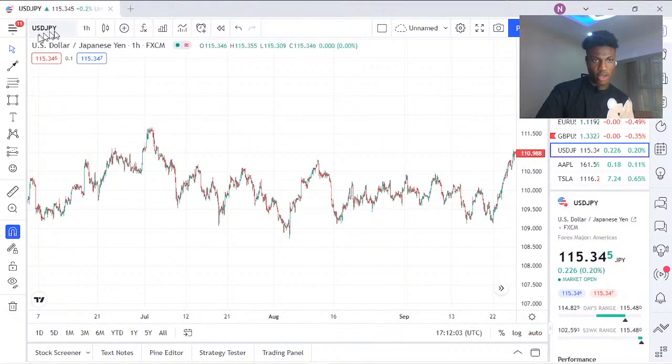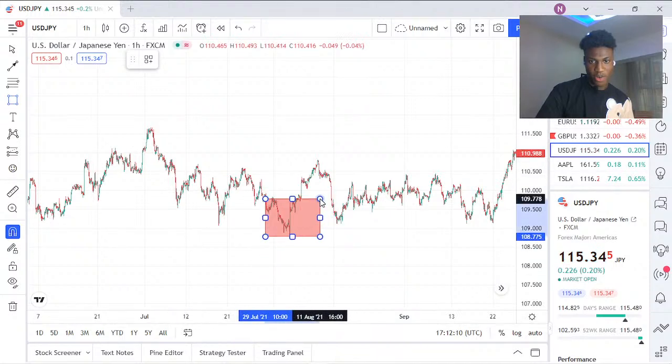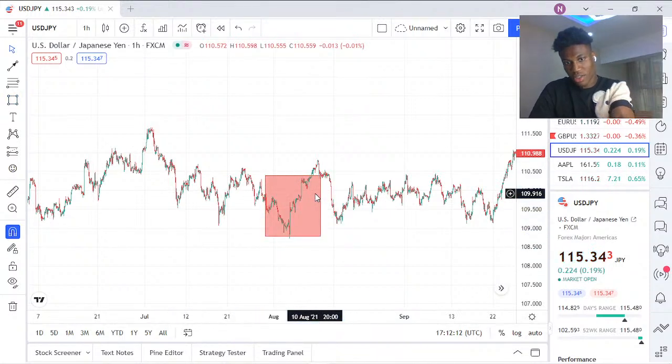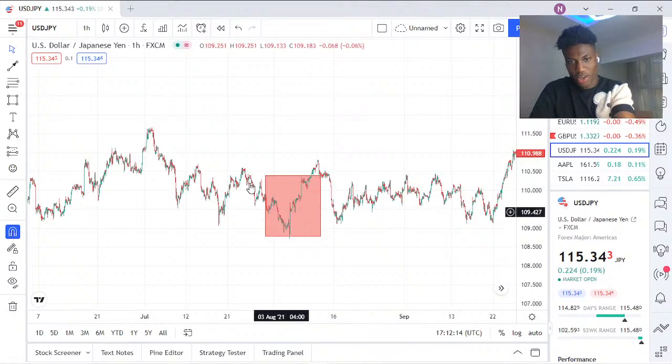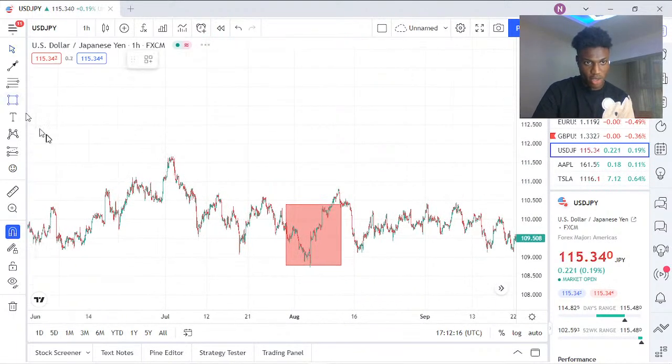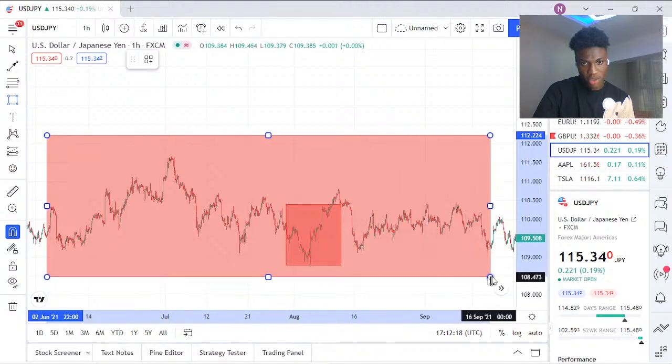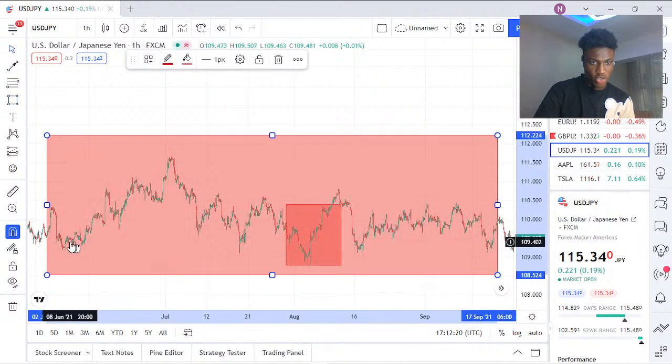So if you look here, you would see that this market doesn't have a specific direction at this point, right? It's just ranging. It's going up, it's coming down, it's going up, it's coming down.